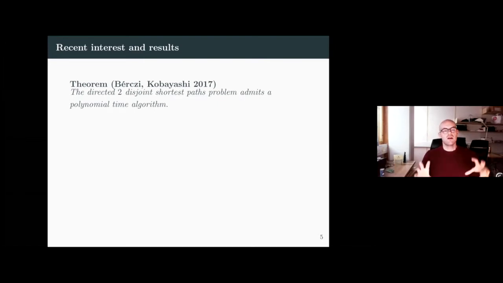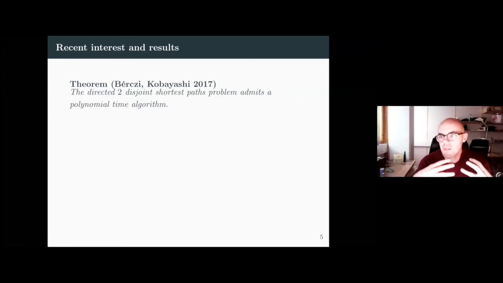It's not very surprising, but when you look in directed graphs and restrict the space of solutions to shortest paths, the problem becomes easier. That's the natural statement, but we'll see that it doesn't happen all the time. So this is quite a nice result, and the proof is nice.